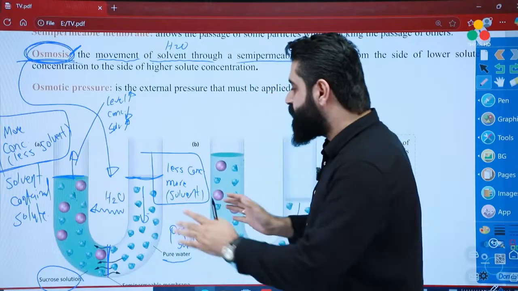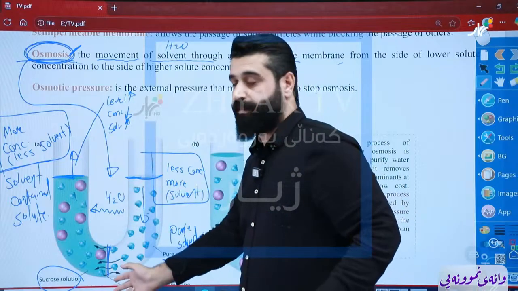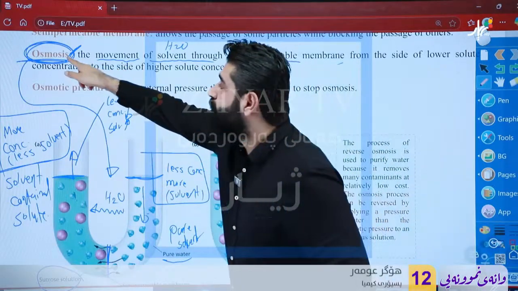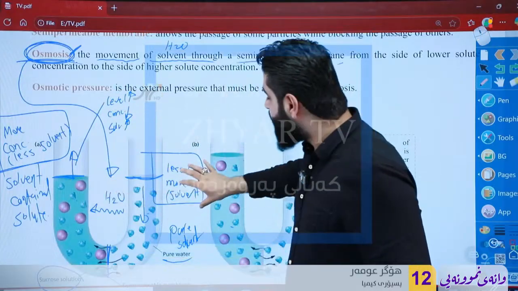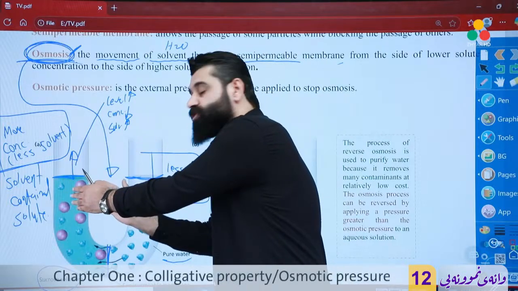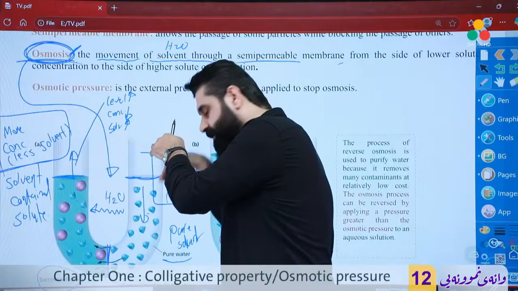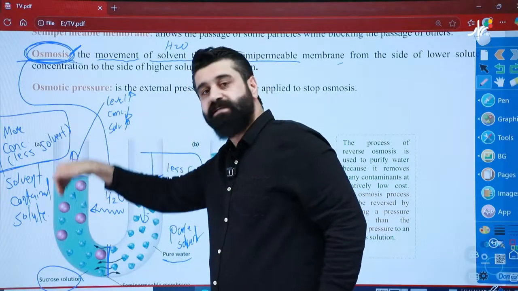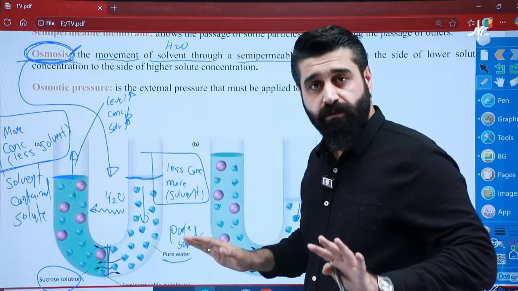So if we have two different concentrations that are separated by a semi-permeable membrane, it's time for the water movement, which is called osmosis. What is osmosis? Movement of solvent from the less concentrated to the more concentrated side, which makes the more concentrated side's level increase and the less concentrated side's level decrease. The solvent particles increase, the concentration is decreased. These are super important points. You should know.